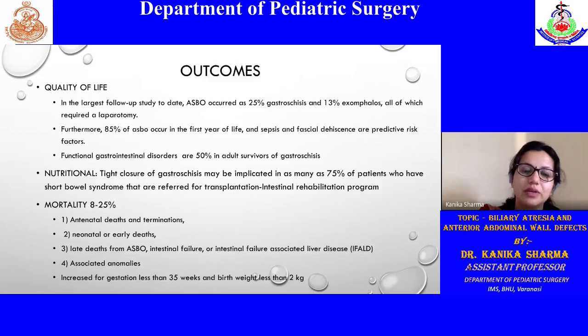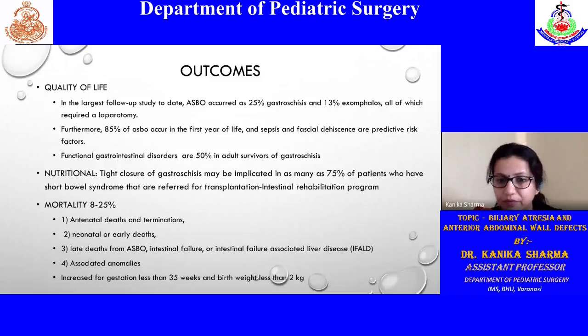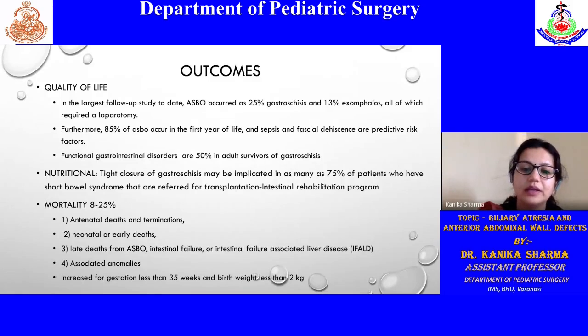So it is very difficult to get a normal bowel, which in a normal child is exposed only to the peritoneum, while in gastroschisis it is exposed to the amnion, where they may have excreta discharge, or you can say the urine component also, because amniotic fluid is predominantly made up of the child's urine. So they may have high contents of urea, which may also derange the bowel characteristics.